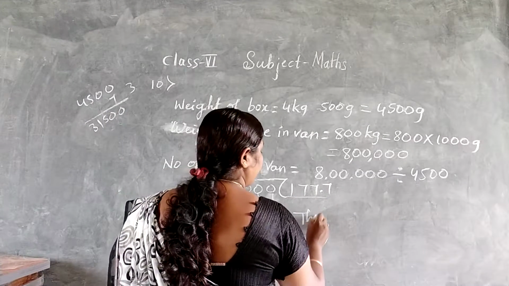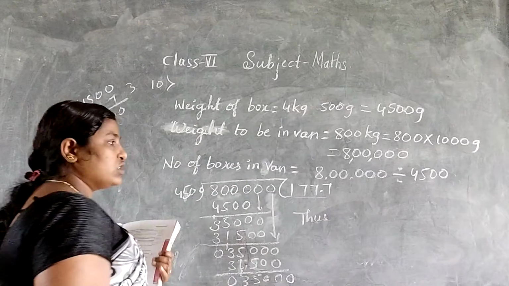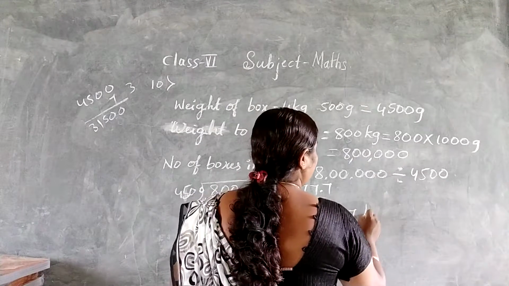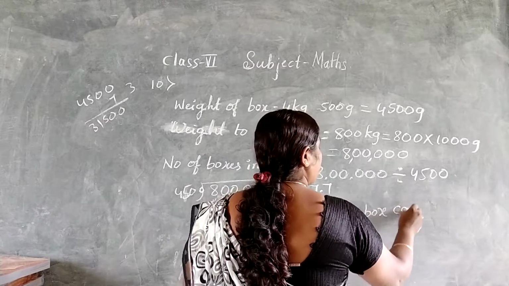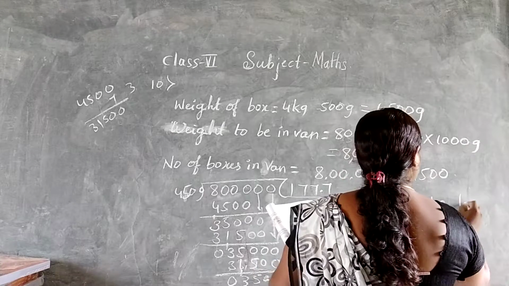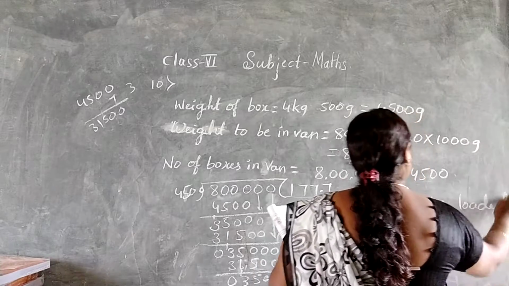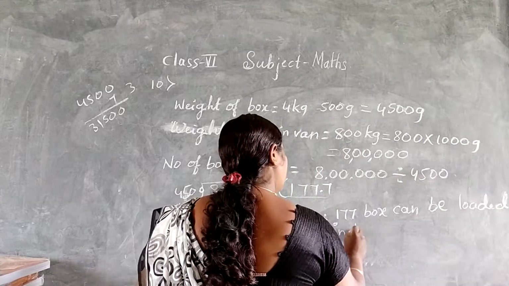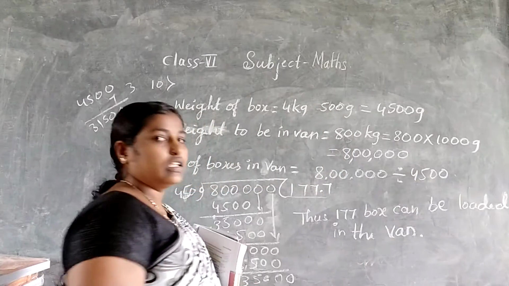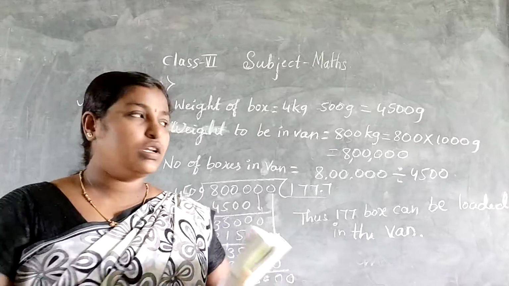Thus, how many boxes can the van have? 177 boxes can be loaded in the van. Okay, try to understand the question.